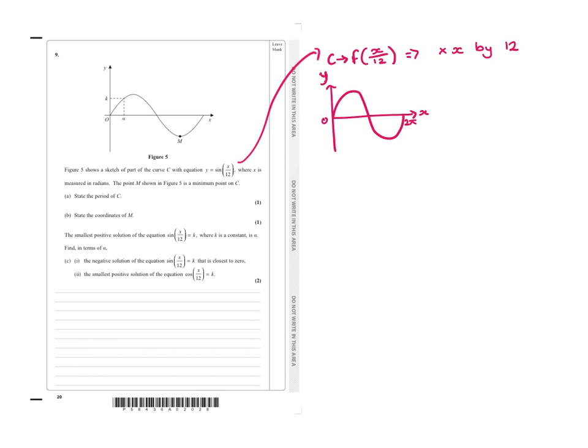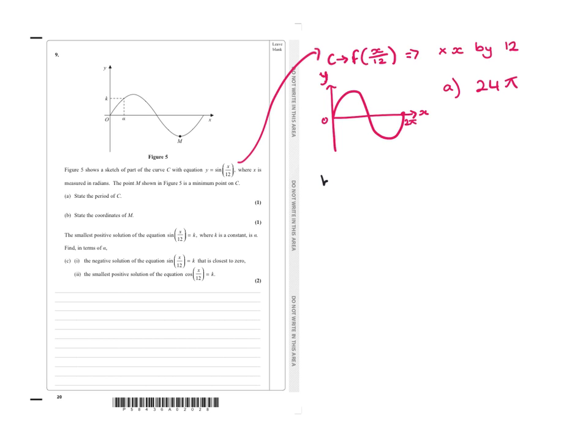That means our period of C will no longer finish at 2 pi. It will be at 2 pi multiplied by 12, because it's a horizontal stretch. So the period will finish at 2 pi times 12, which is 24 pi. So for A, we have 24 pi.